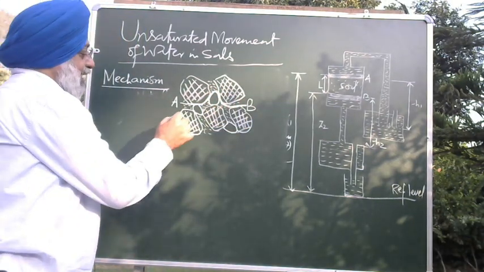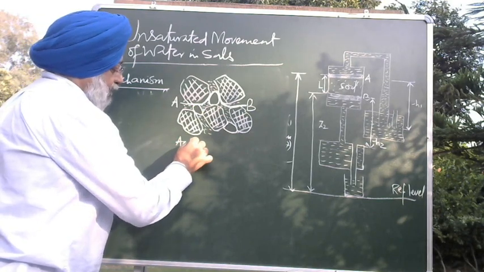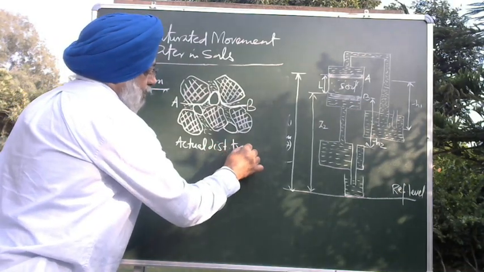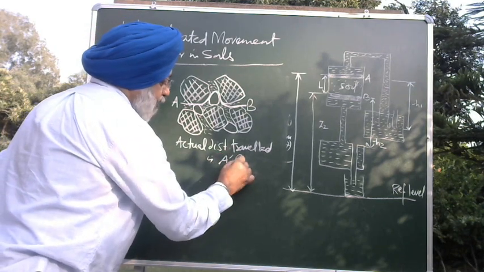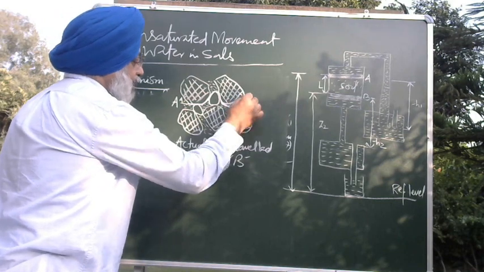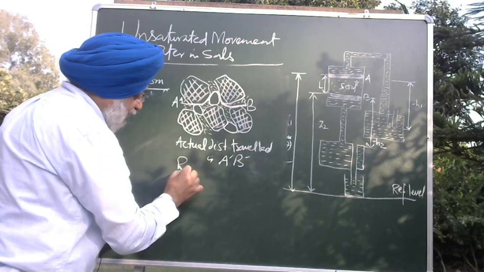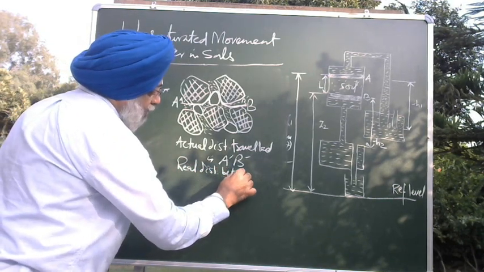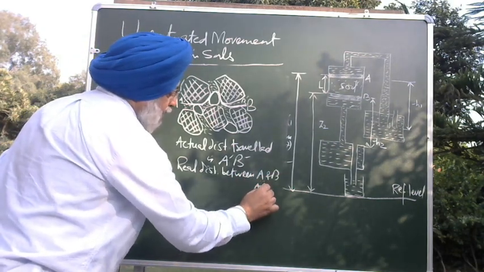So if I say that the actual distance traveled is A dash B dash, and the real distance between A and B is this, AB.